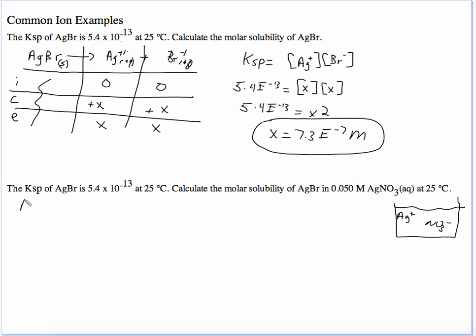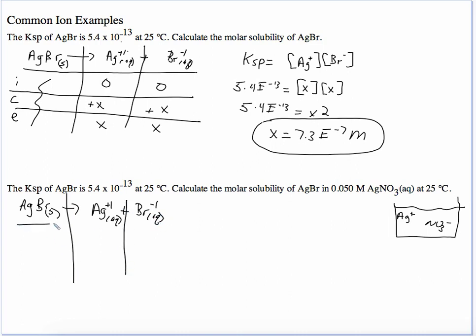Keep that in mind. But the first thing you do is write down, like we did in the problem above, how silver bromide dissolves: Ag plus 1 and bromide negative 1. These are aqueous when they dissolve in water.